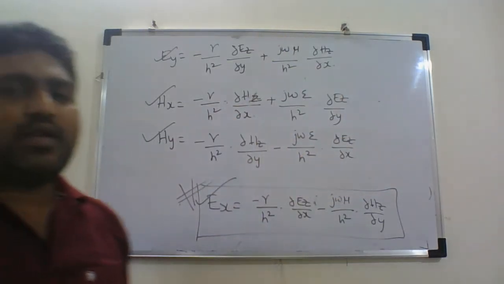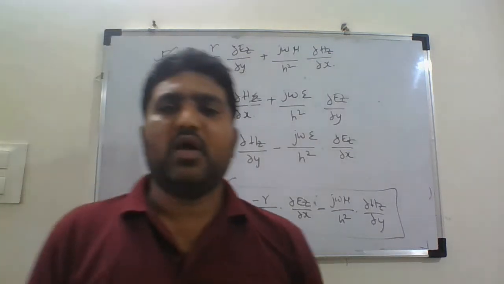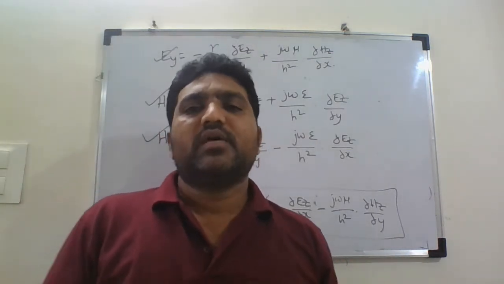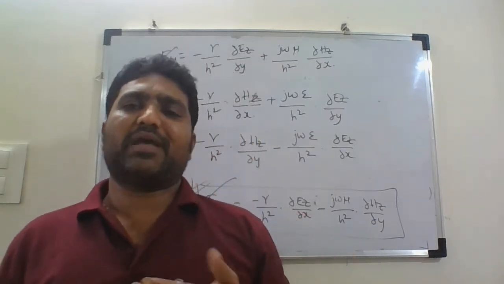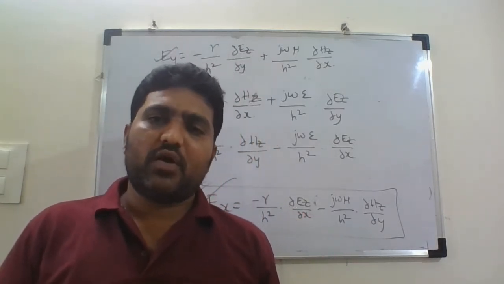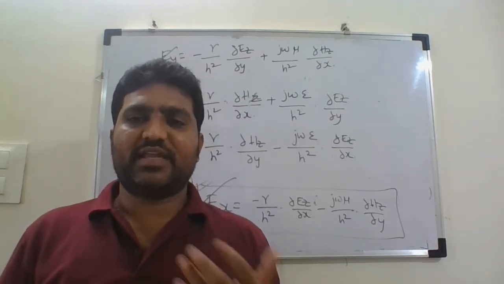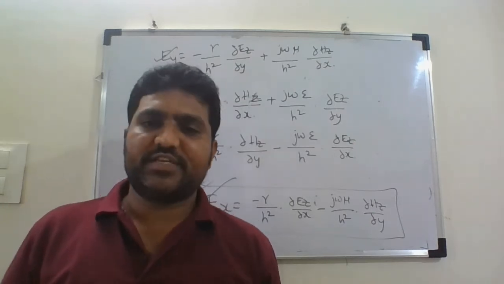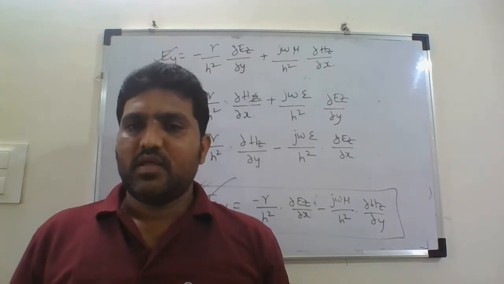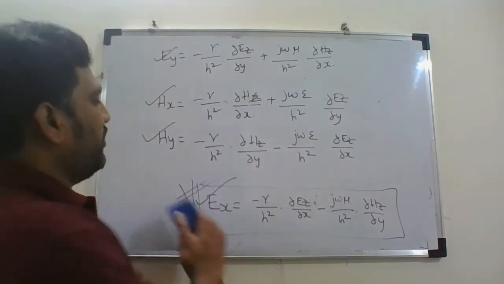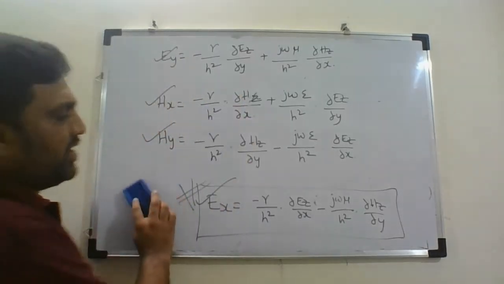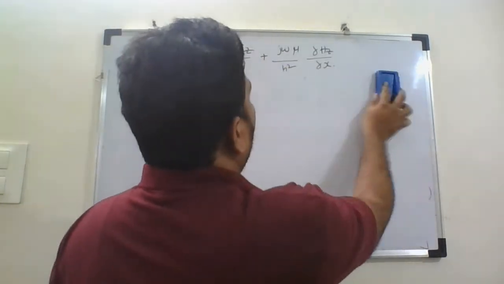Now let us understand it carefully. Earlier also, from Maxwell's equations, we got the equations for Ex, Ey, Hx, Hy directly. But why are we manipulating them again?